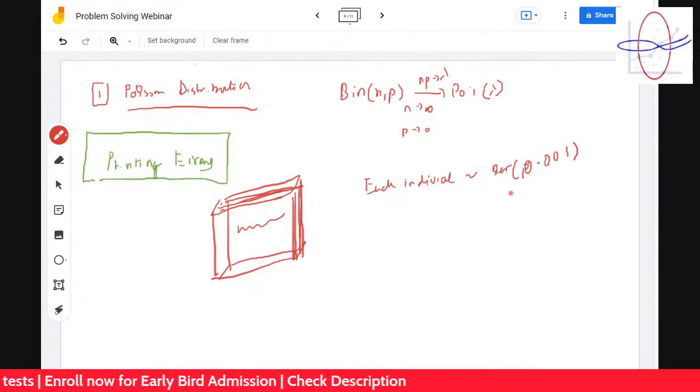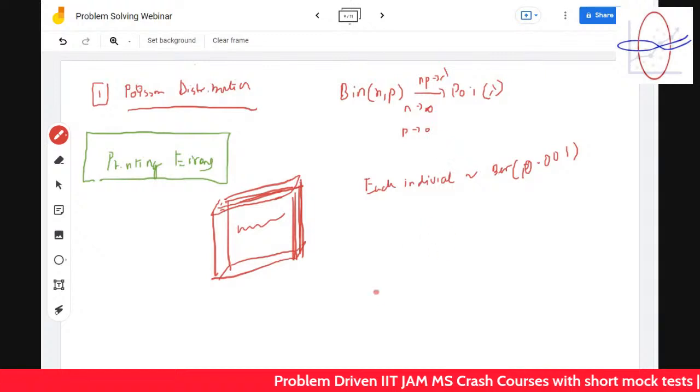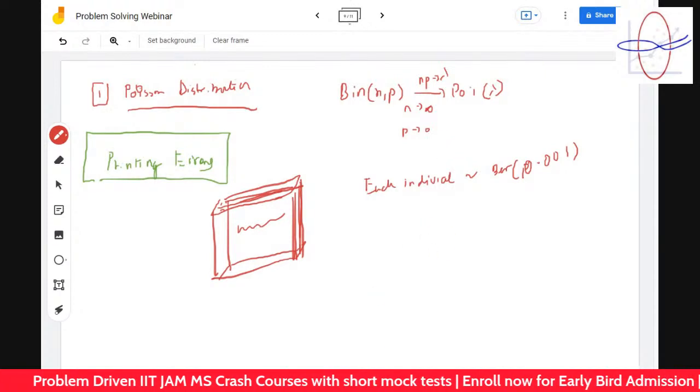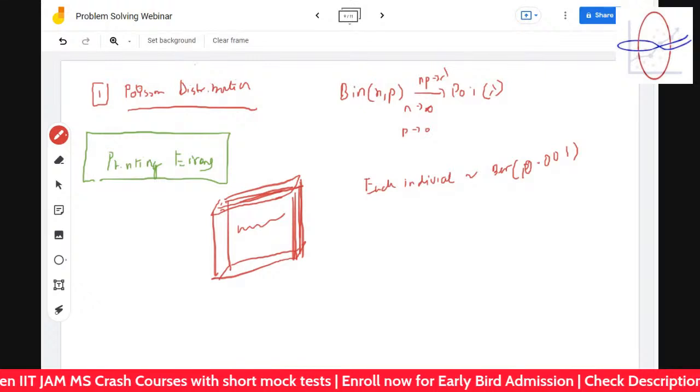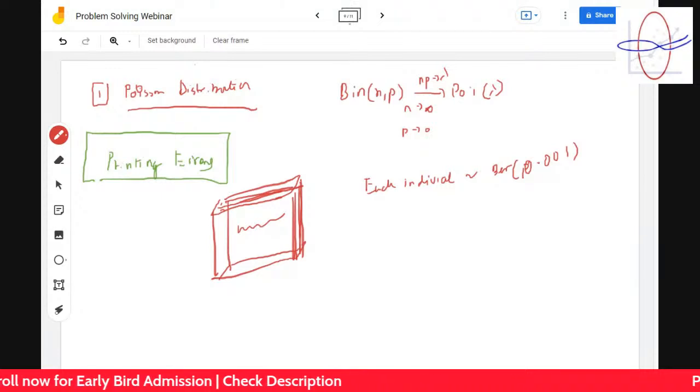Very, very small. And if you sum up all the words in a whole book, what do we get? Say in one page there are 15 lines, with 10 words per line, so 150 words, and let's say there are 200 pages.